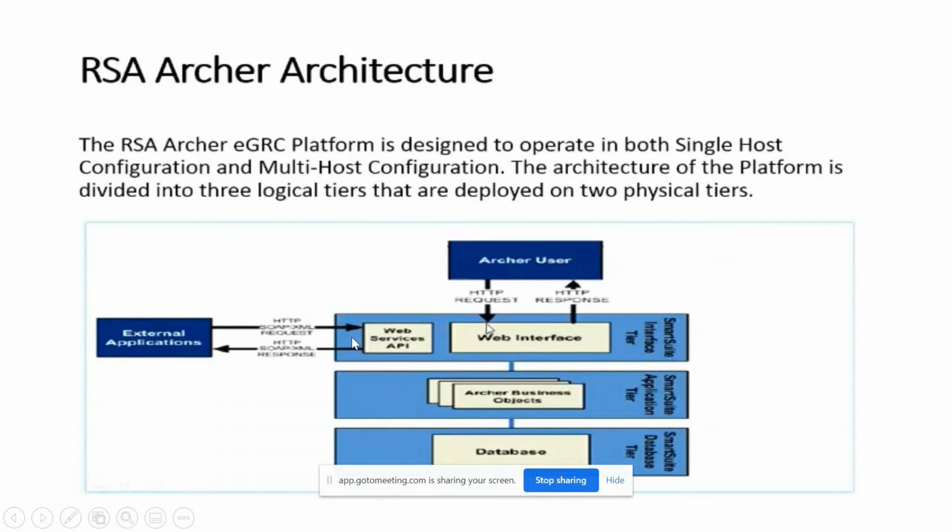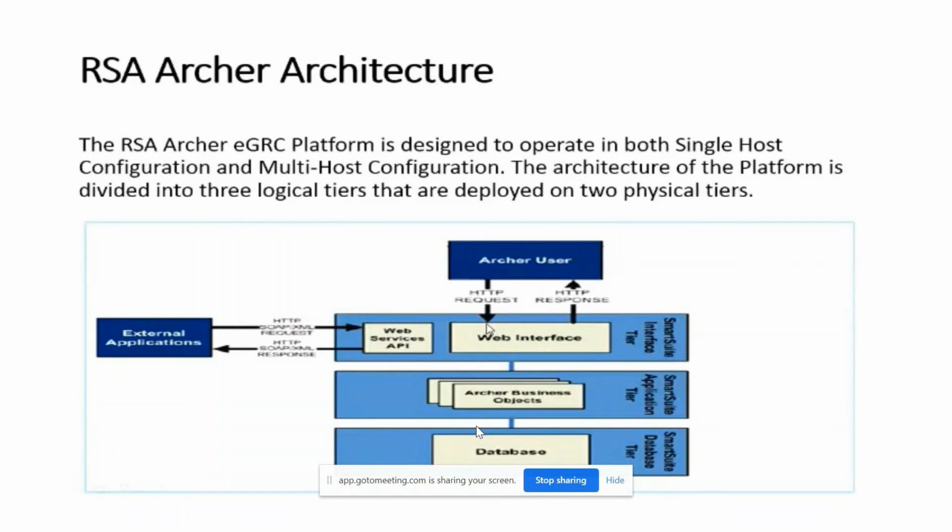So let's say you want to integrate a third-party application, right? We have web services for RSA Archer, so we can leverage them to pull or push the data directly. But Archer doesn't give access to the database directly. Most of the data in RSA Archer is encrypted, so if you just go to the Archer database, you don't find the same data. Most of the data is in encrypted format.